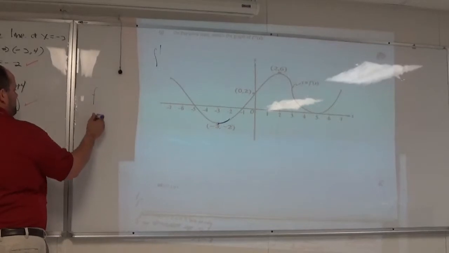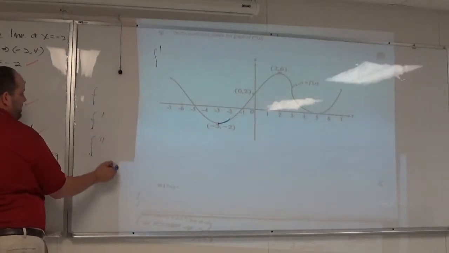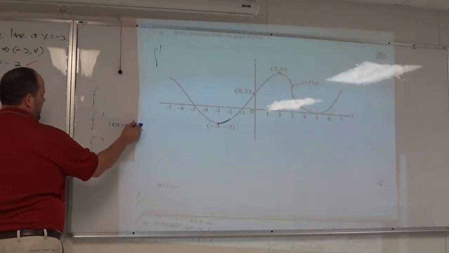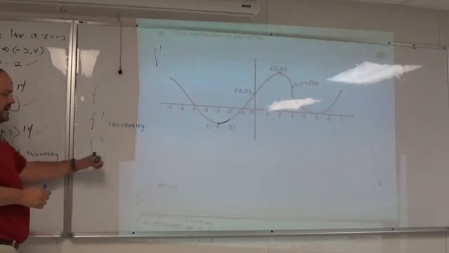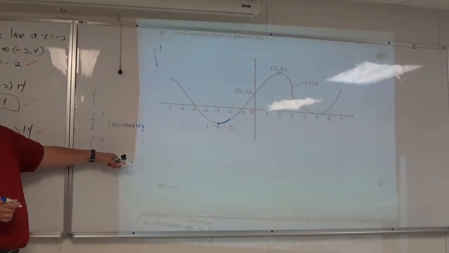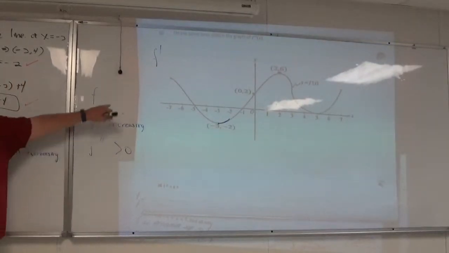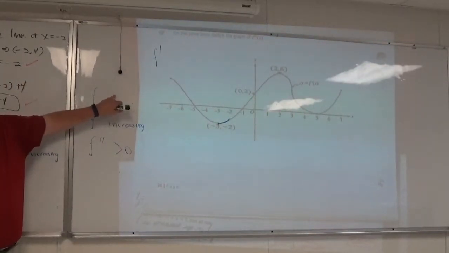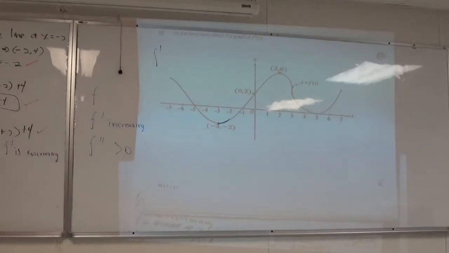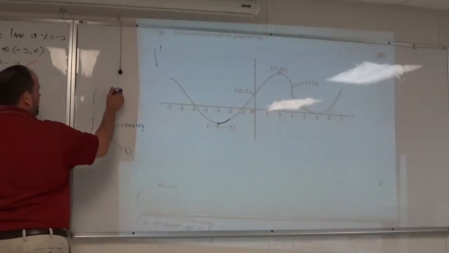We've got F, F prime, F double prime. F prime is increasing. What I think you guys are thinking about is F double prime. F double prime is positive. That's true. But what's F? Concave up. F is concave up.